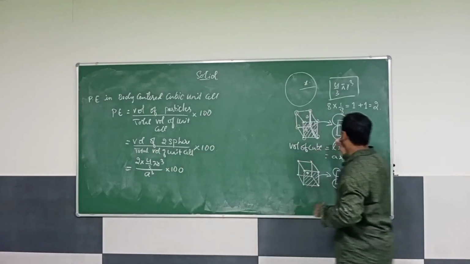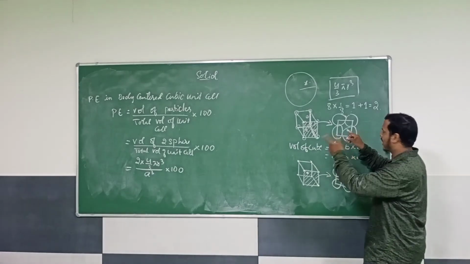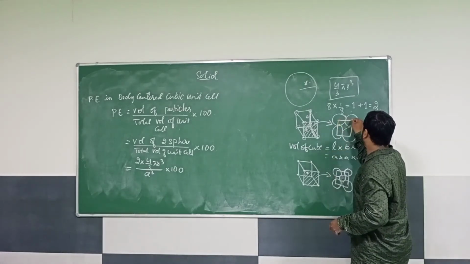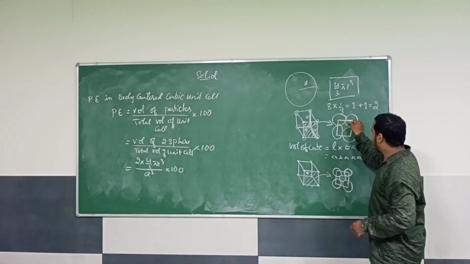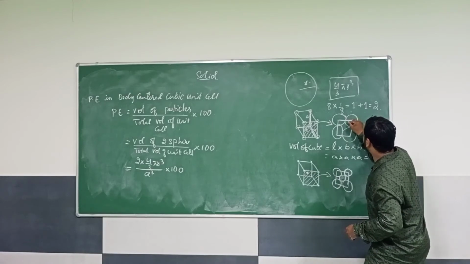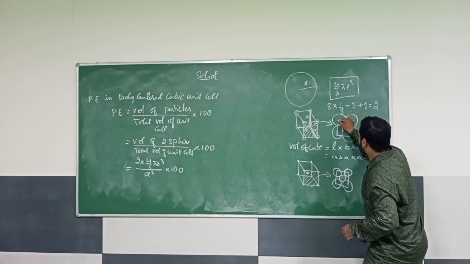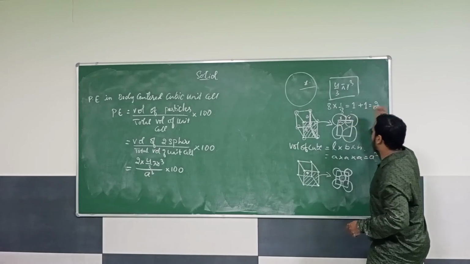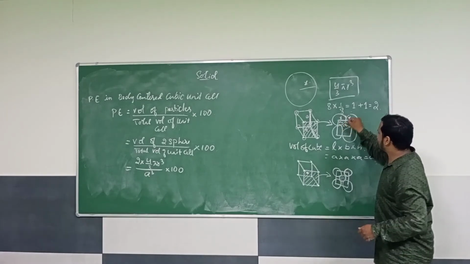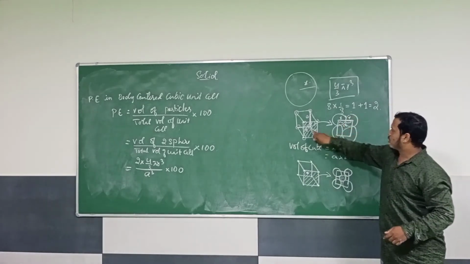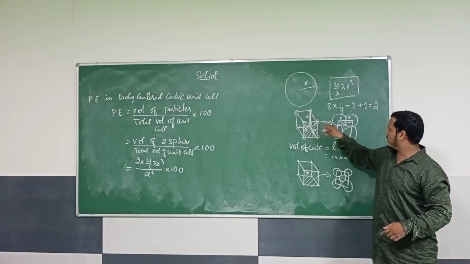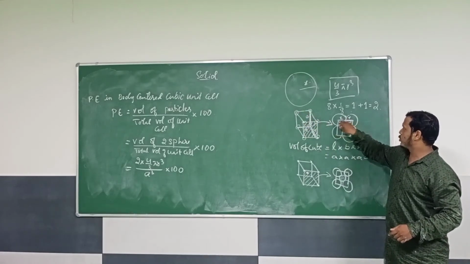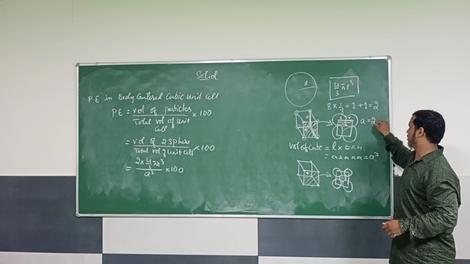Here we have seen in our last session and last problem, this is my edge length, right? And this edge length is equal to 2r, because this was my r, this is also my r. So edge length is a. So a becomes 2r. So a is equal to 2r here.